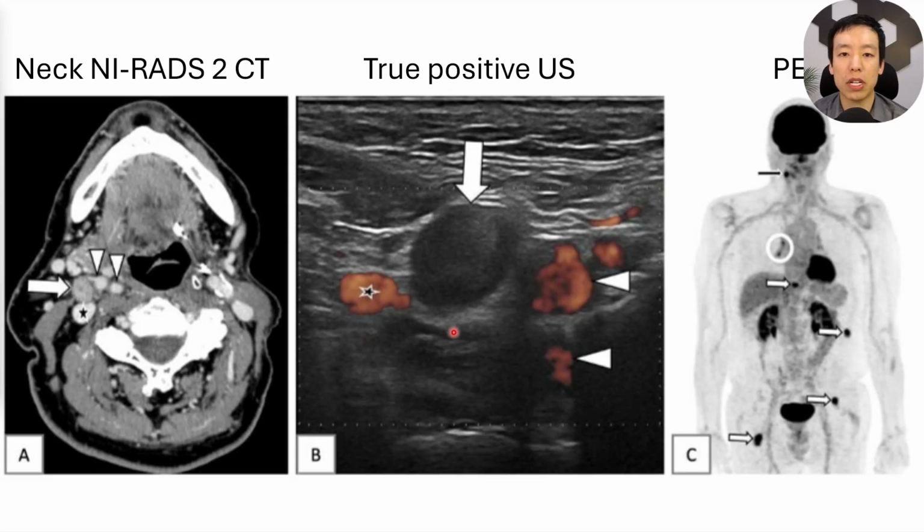FNA was performed that showed metastatic squamous cell carcinoma, and PET-CT shortly afterwards showed intense uptake in that node, as well as distant sites of uptake in the hilum of the chest, as well as bony sites in the axial and appendicular skeleton. One of these was biopsied and confirmed bony metastasis. And so therefore, this was a true positive ultrasound that confirmed disease recurrence, and the patient underwent further chemoimmunotherapy.